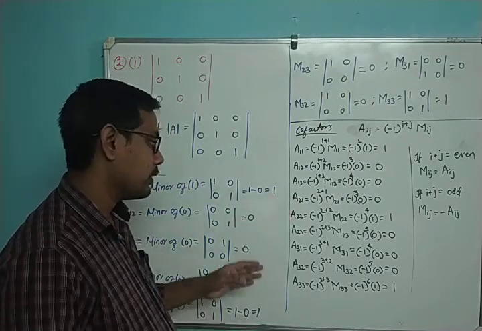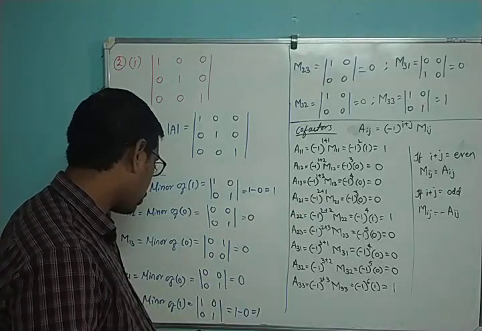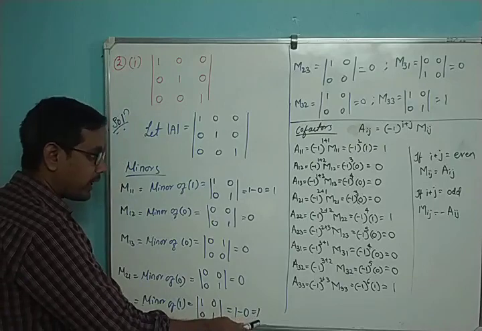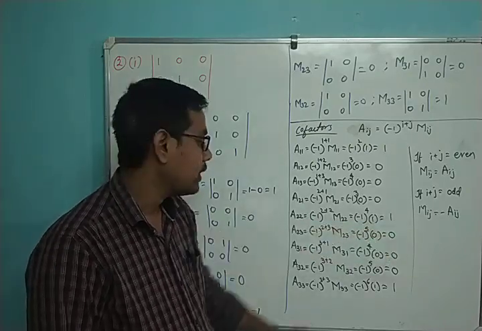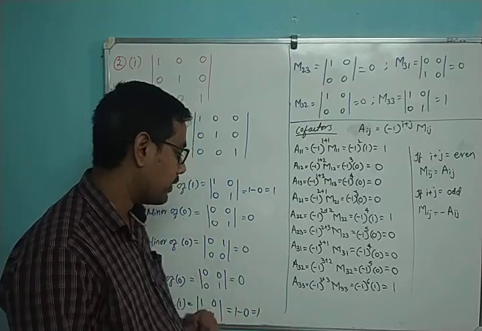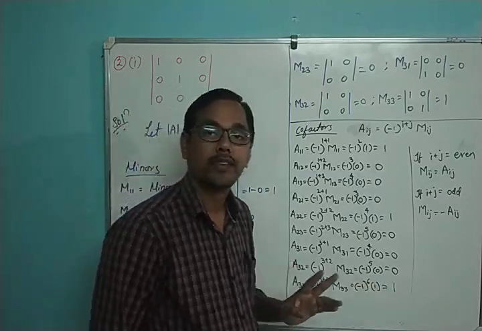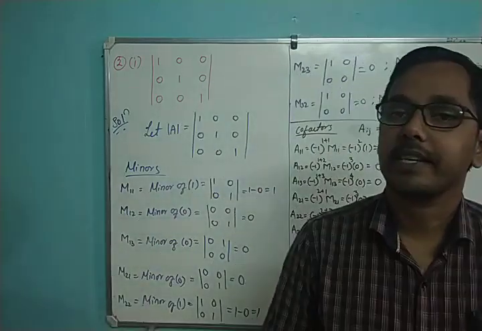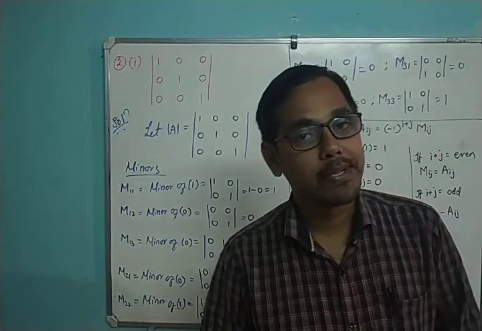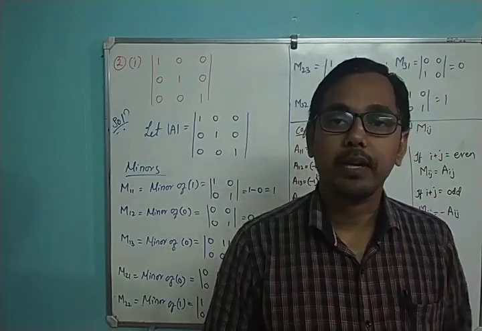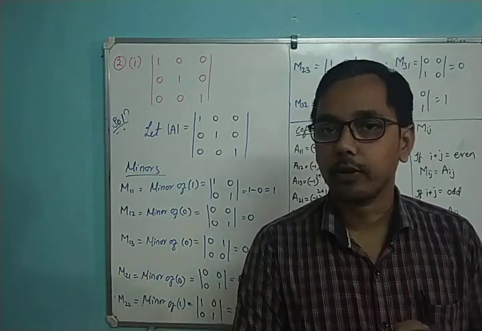M21, so odd, 0 and 0 is there, no problem. Come to M22. Here we are having 1. So 2 plus 2 is 4. It is even, so A22 will also be equal. And M33, 1 and 1. So you can see that whenever i plus j is even, Mij will be equal to Aij. Whenever i plus j is odd, Mij will be equal to negative of Aij. That is what you should always keep in your mind.